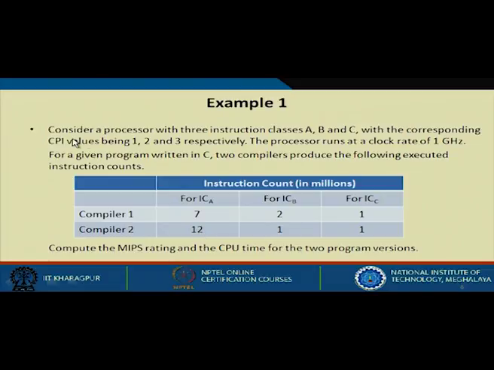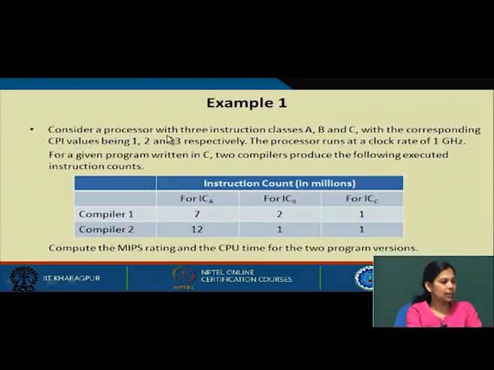Let us take an example. Consider a processor with 3 instruction classes A, B and C with the corresponding CPI values being 1, 2 and 3 respectively. The processor runs at a clock rate of 1 gigahertz. For a given program written in C, 2 compilers produce the following executed instruction counts.